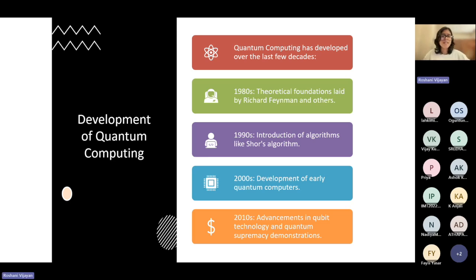Okay. So the development of quantum computing, well, it all started with theoretical physics. Back in the 1980s, we had physicists like Richard Feynman and Max Planck, who laid the foundation for what we know now as quantum computing. But back then, they didn't actually have the hardware.